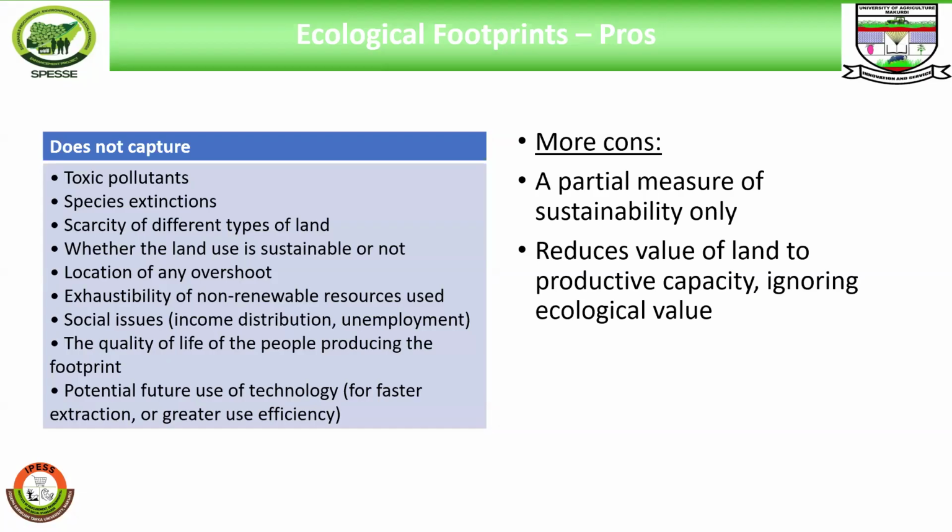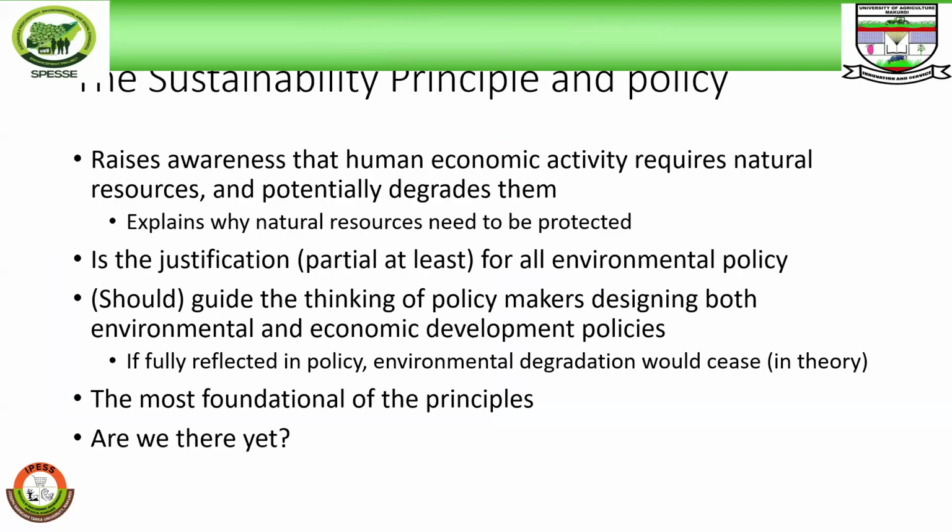Whether the land is used sustainably or not, the location of any overshoot, exhaustibility of non-renewable resource use, social issues like income distribution, unemployment, the quality of life of the people producing the footprints, and potential future use of technology for faster extraction or greater efficiency.